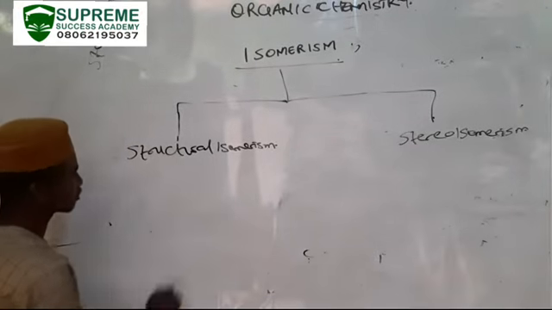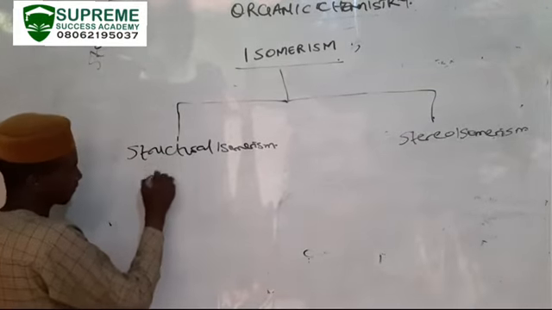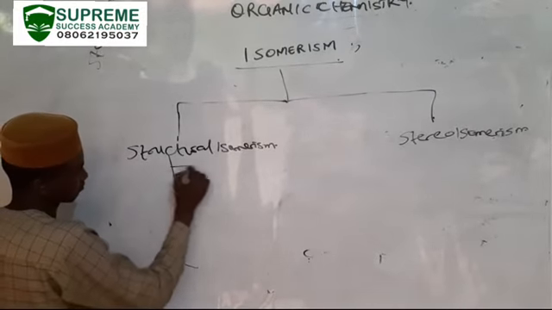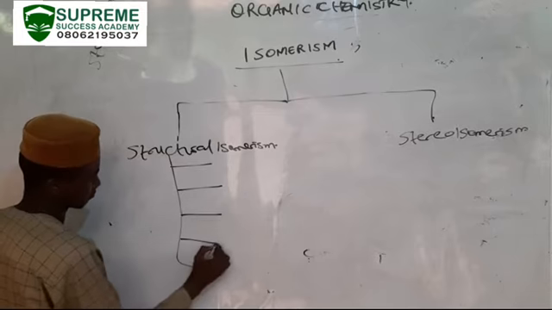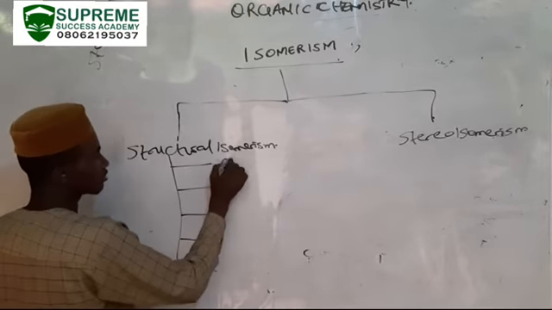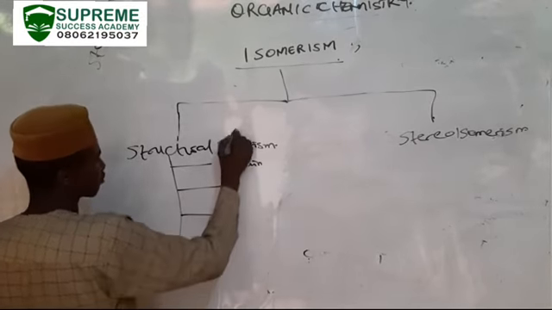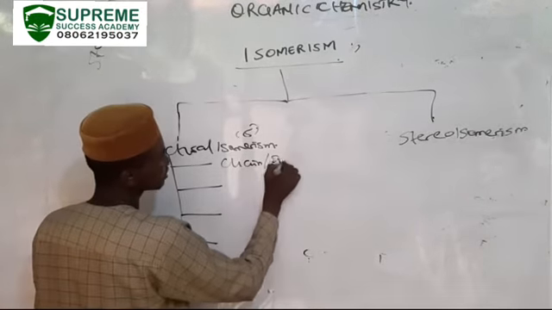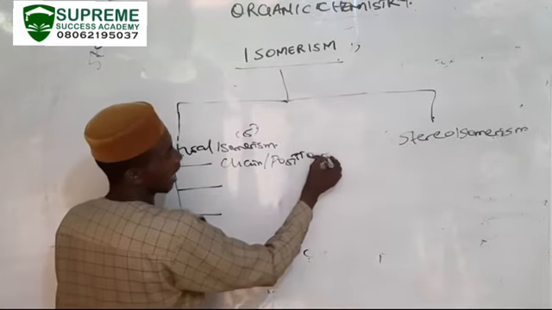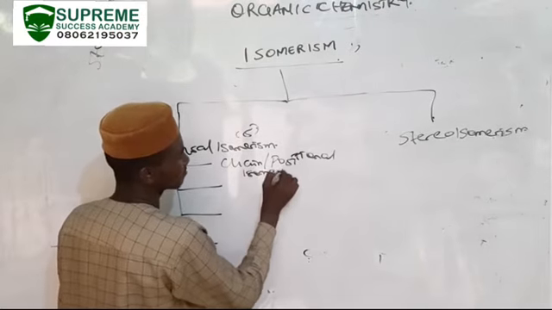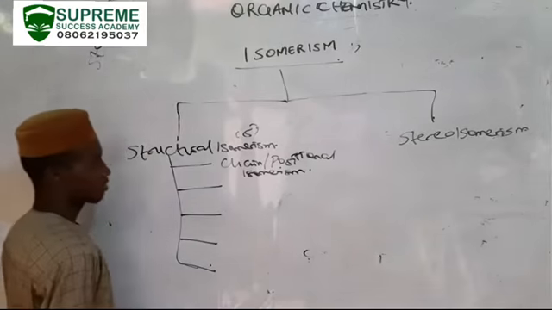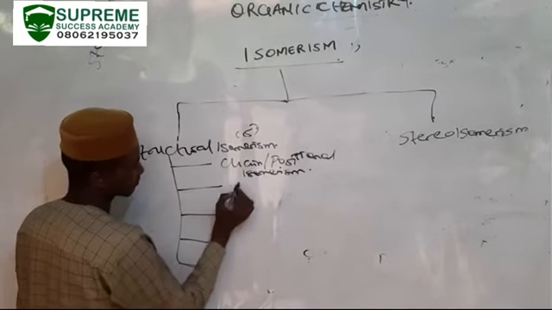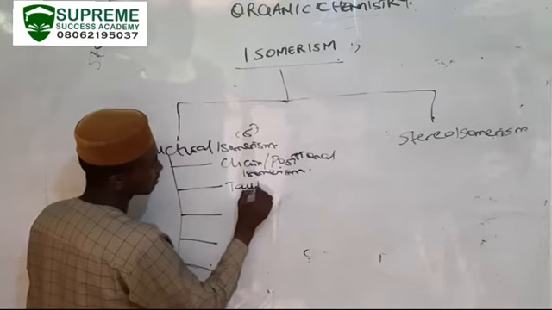Structural isomerism can now be subdivided into five. We have the chain or positional isomerism. We also have tautomerism.